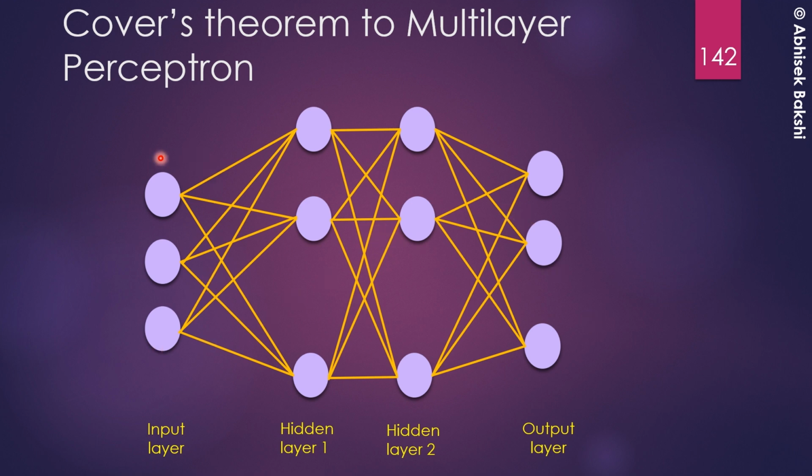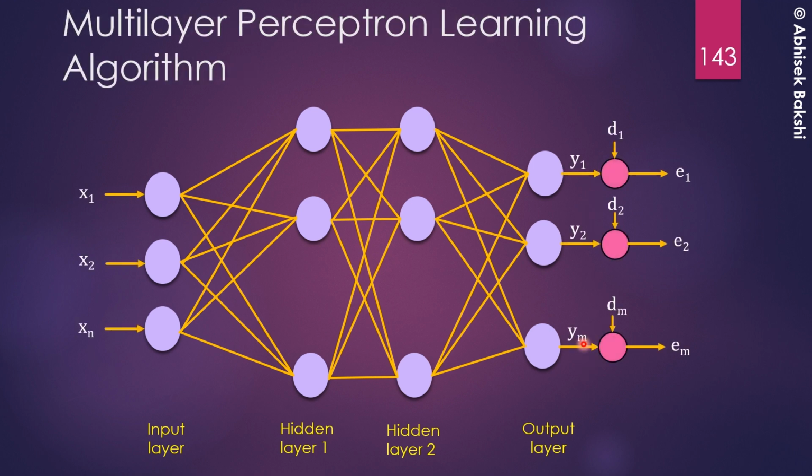Some number of neurons in the input layer, some higher number of neurons in the hidden layers, and some lower number, maybe one or maybe any number, of neurons in the output layer, depending on the problem. Now the question is, if we assume that we have some n number of neurons in the output layer, then definitely we are giving some inputs through the input layer, and we are getting some output from the output neurons of the output layer.